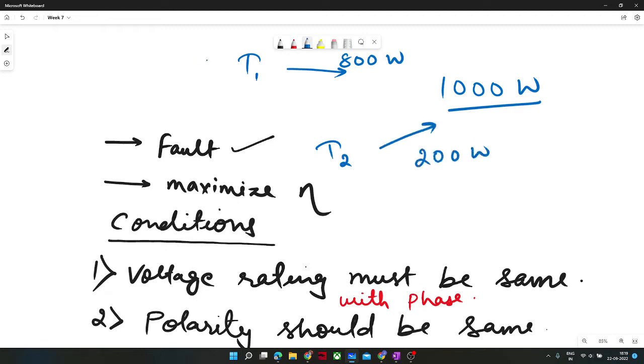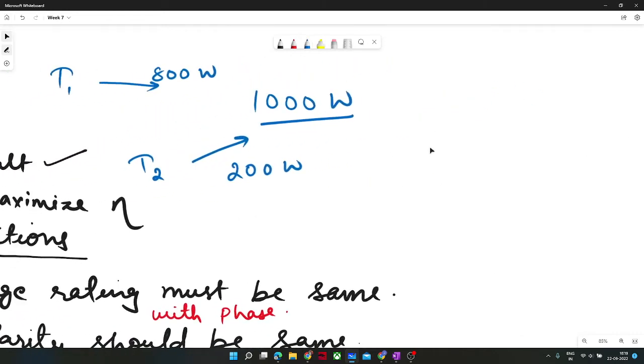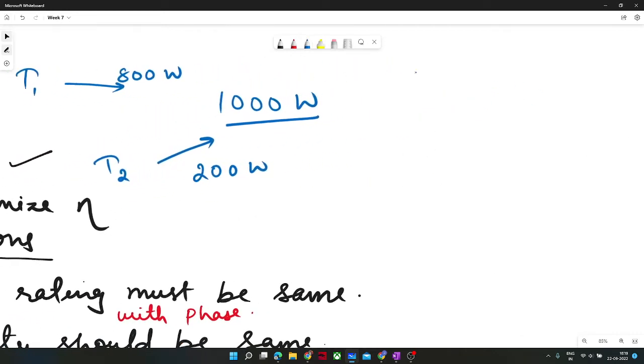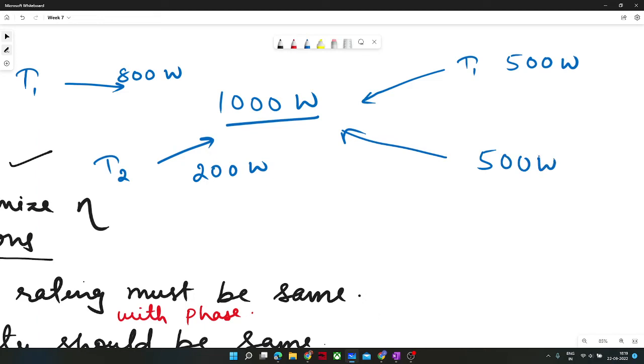And the rating of both transformers is the same. In the second scenario, the same 1000 watt is catered by T1 at 500 watt and T2 at 500 watt. So which scenario do you think would be more efficient? This is case 1, this is case 2.